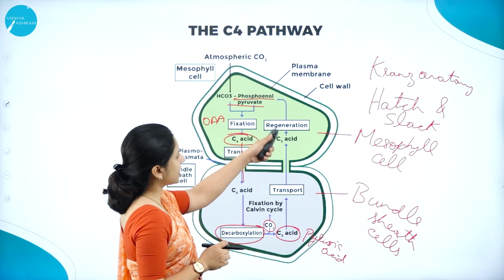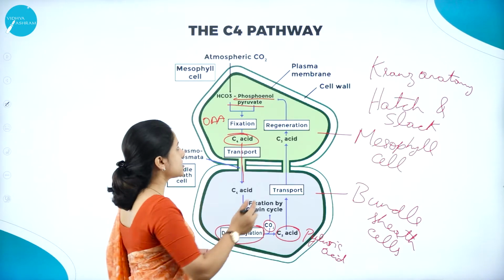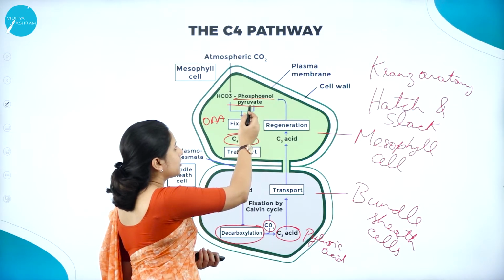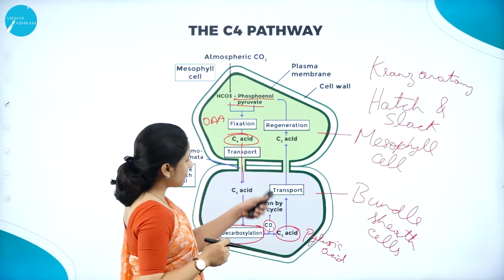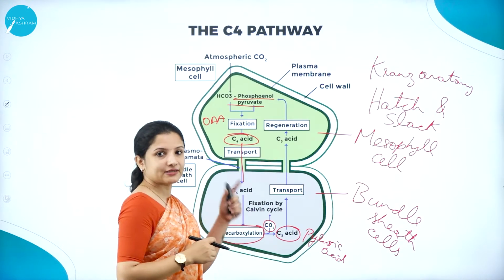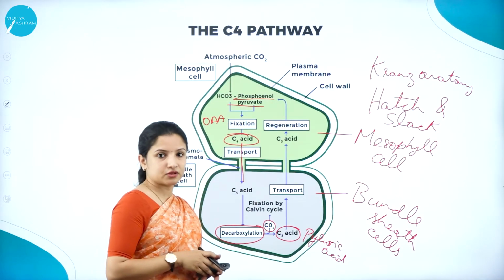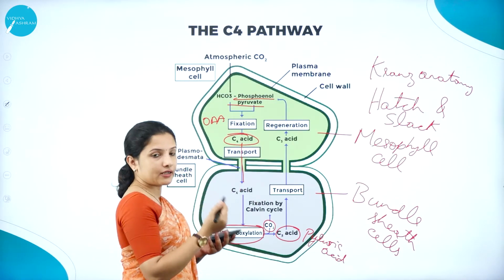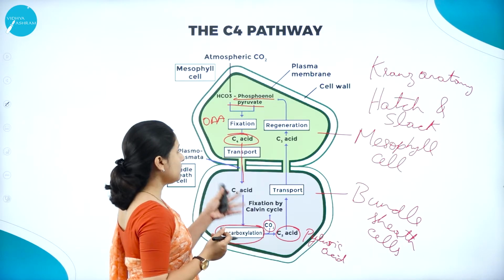Phosphoenol pyruvate will again get regenerated, and whenever favorable conditions occur, it will again absorb the atmospheric carbon dioxide, and the cycle will continue. So this is the C4 pathway.